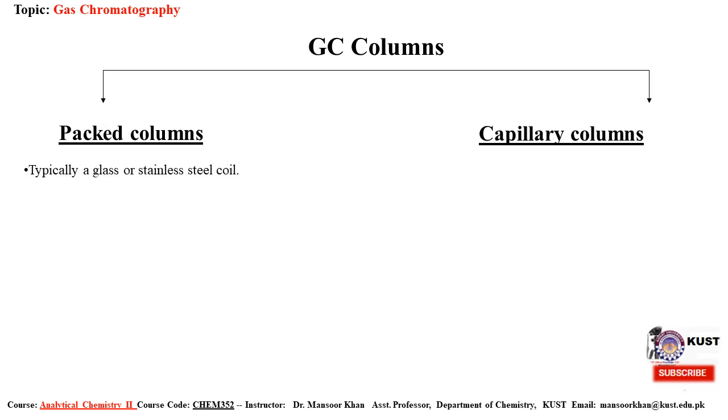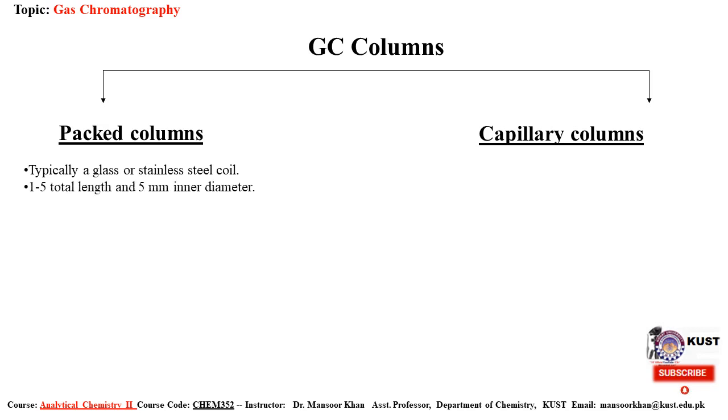Packed columns are the ones in which the stationary phase is completely packed inside the column, and they are typically made of glass or stainless steel coils. In this stainless steel coil, the stationary phase is packed.